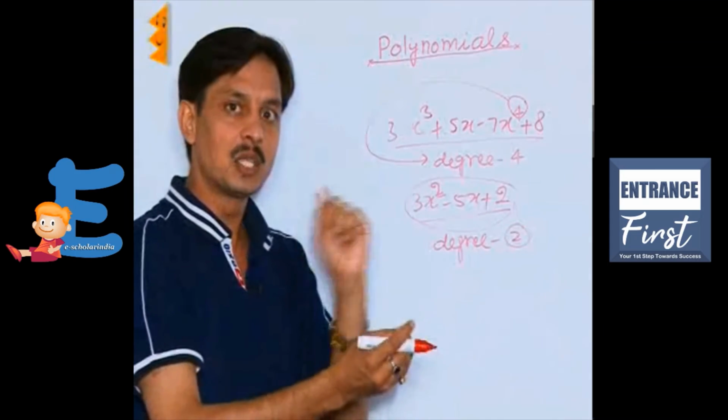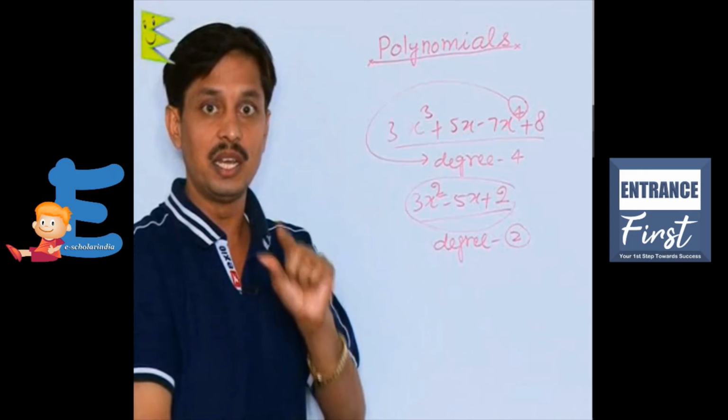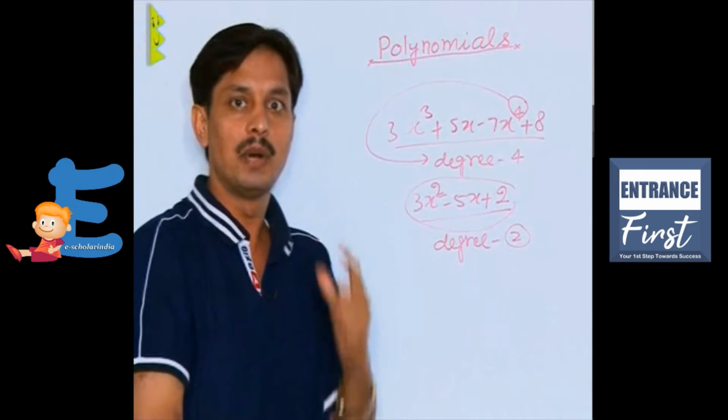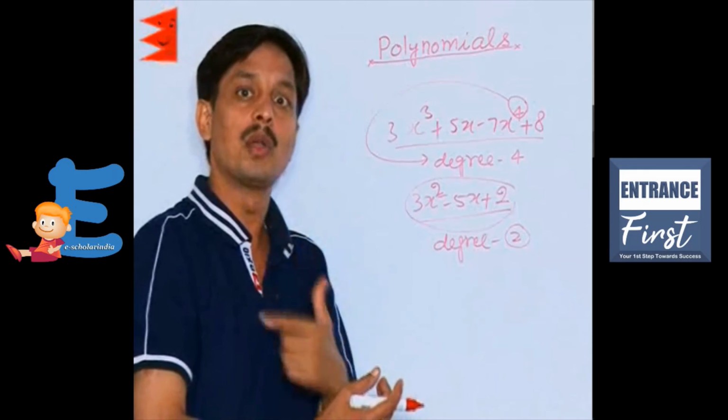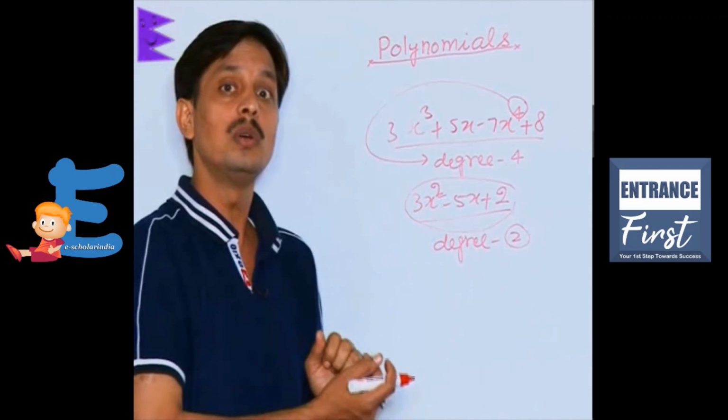So the highest power in a polynomial is responsible for its degree and for the number of zeros, that is, the number of values of the variable which can make it equal to 0.